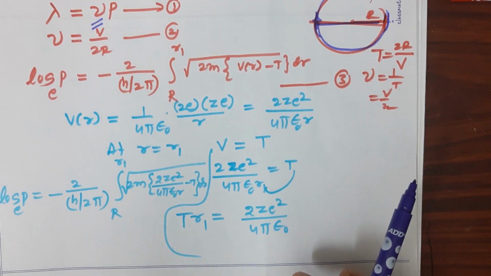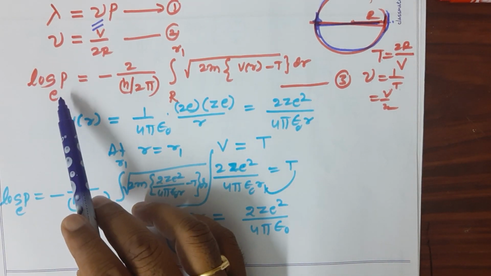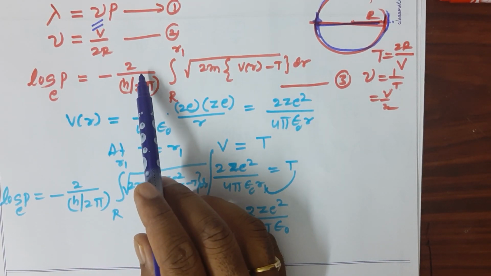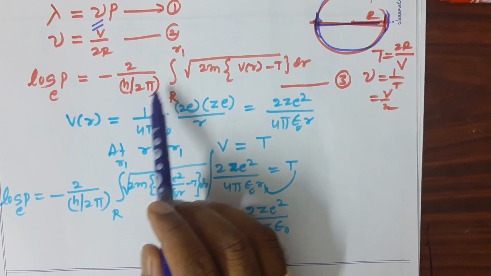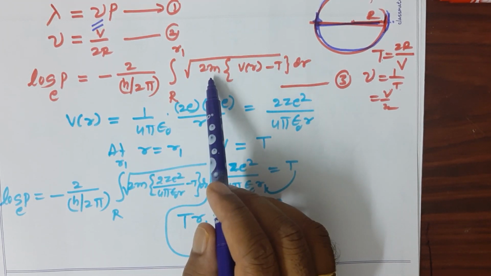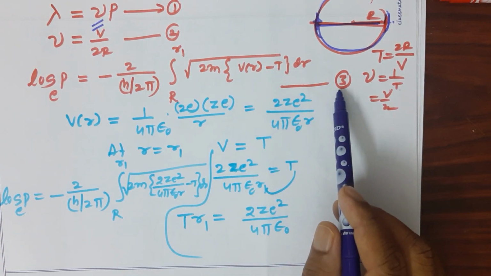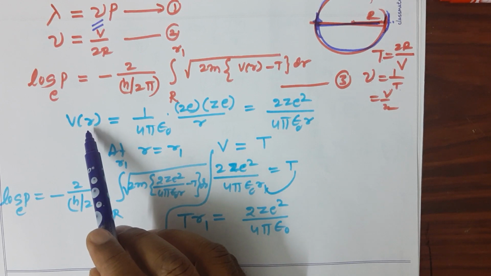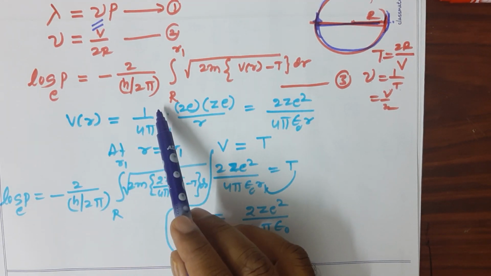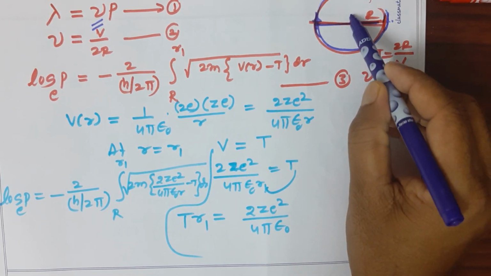Then we have taken the expression, directly the equation: log P to the base e is equal to minus 2 by h bar, that is h by 2 pi, integral from r to r1 of square root of 2m into (V of r minus T) dr, equation 3. Here V of r is the potential energy at the distance r from the center.